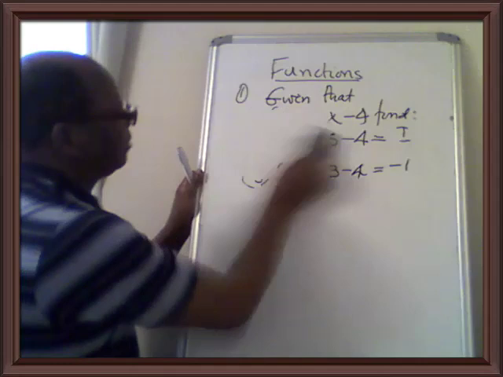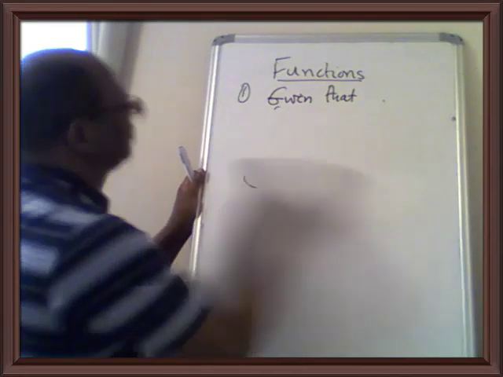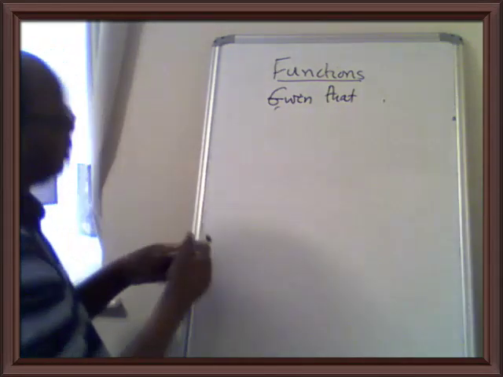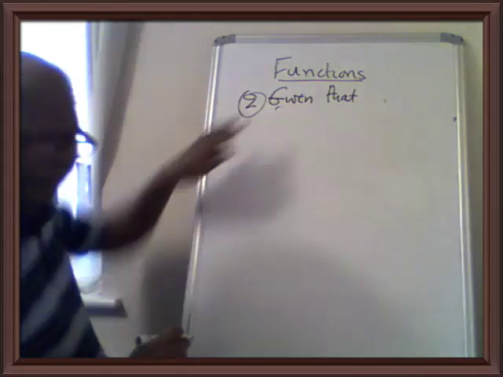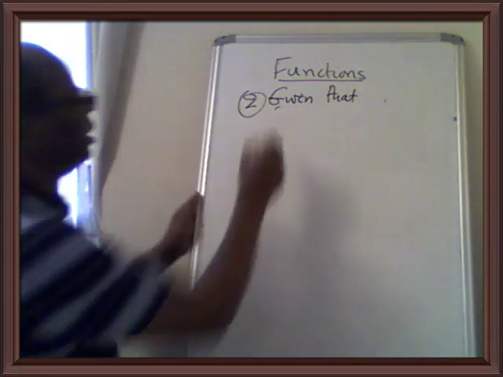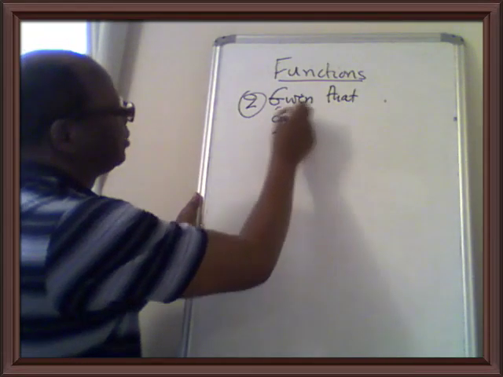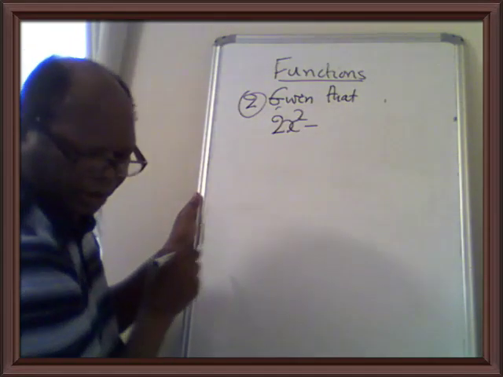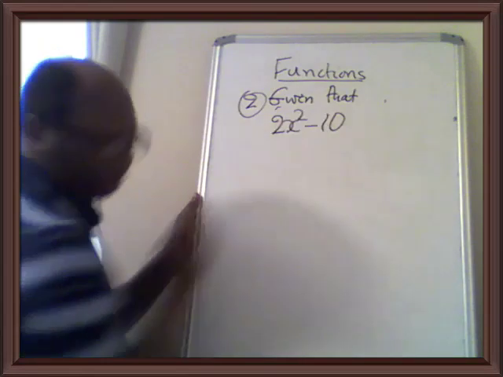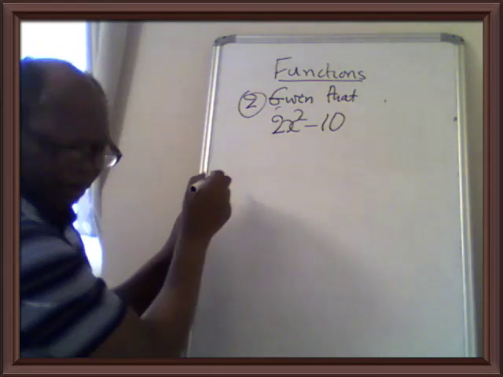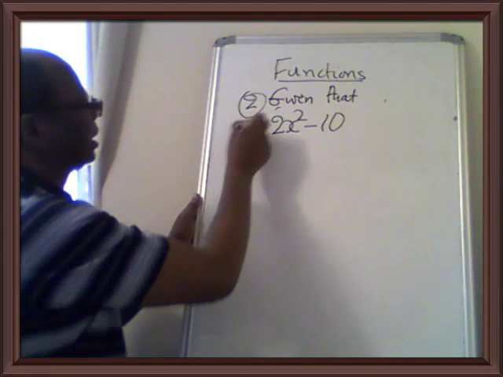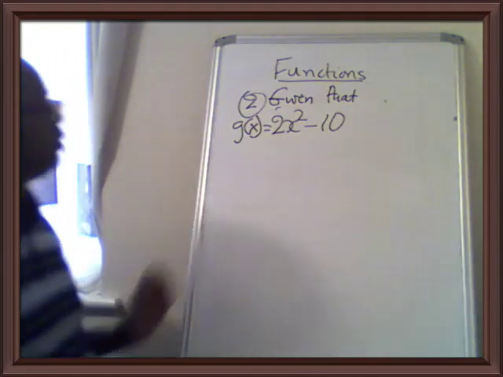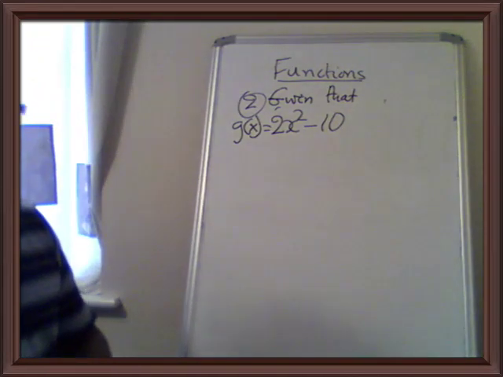Okay, let's take question number 2. Again, it says given that g of x equals 2x squared minus 10.